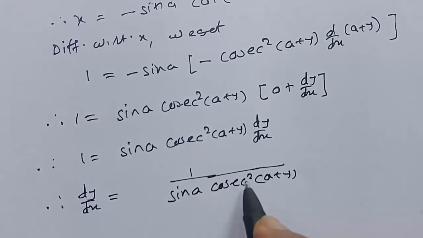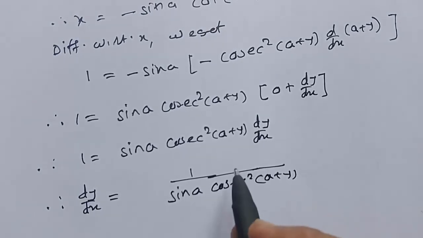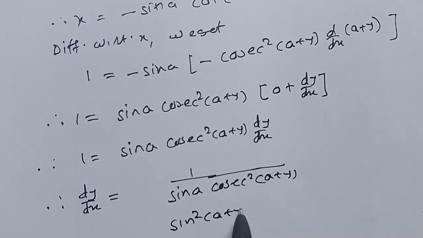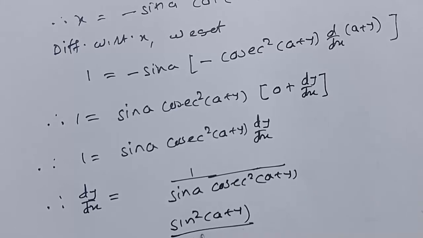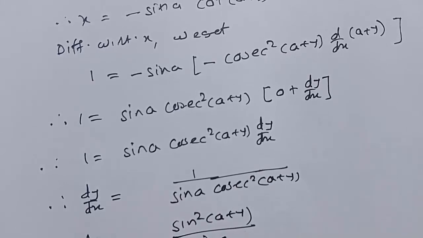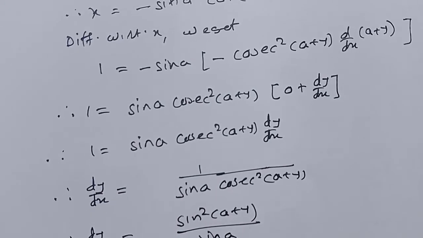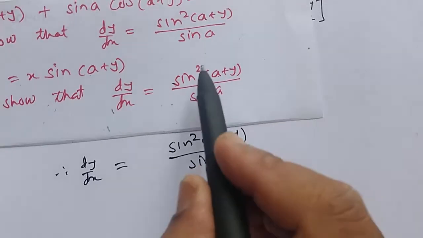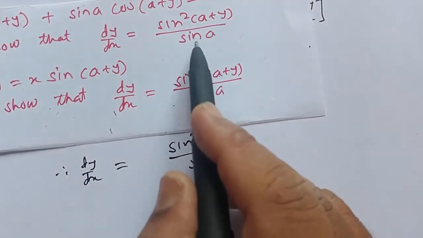We know that cosec x = 1 upon sin x, they are reciprocals of each other, and therefore cosec² becomes sin²(a + y) in the numerator. So dy/dx = sin²(a + y) upon sin a. This is exactly what we wanted to prove.